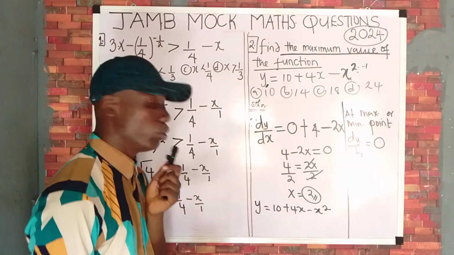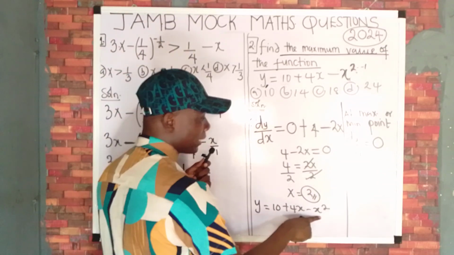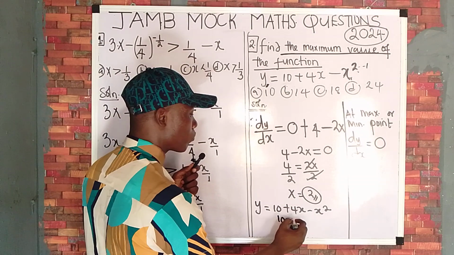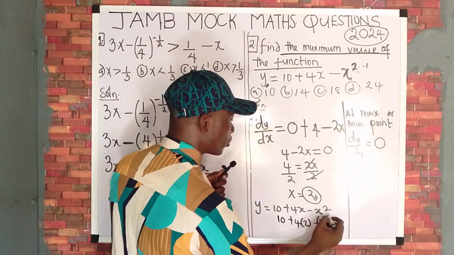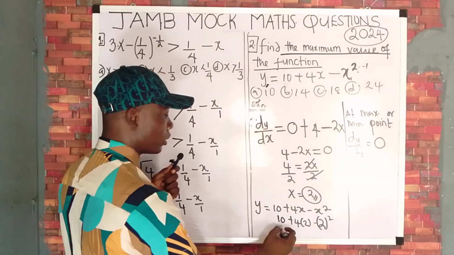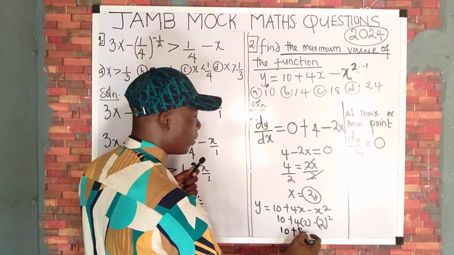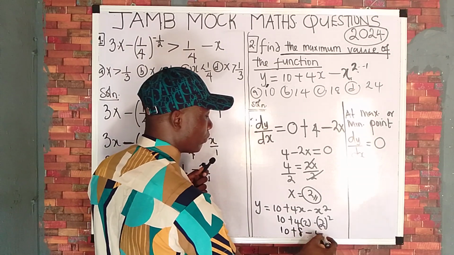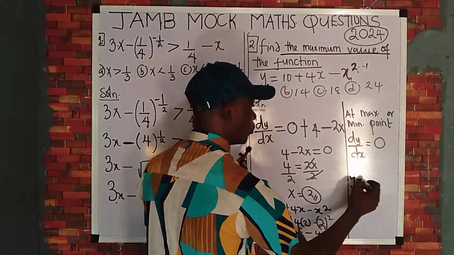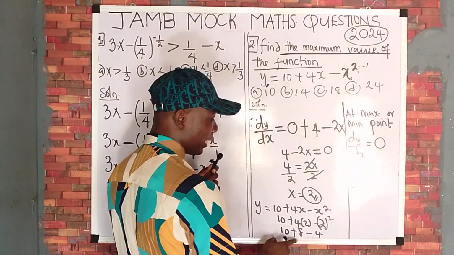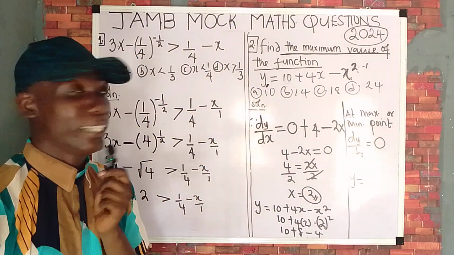So what do we simply do? Wherever we see x here, we put 2. So you have 10 plus 4 brackets 2 minus 2 squared. So what would that give us? 10 plus 8 minus 2 squared will give us 4. That's so interesting. So our y will give us 10 plus 8 is going to give us what? 18.